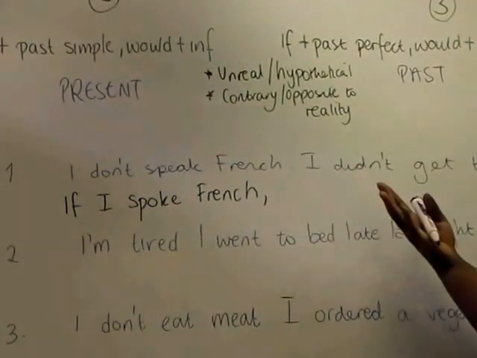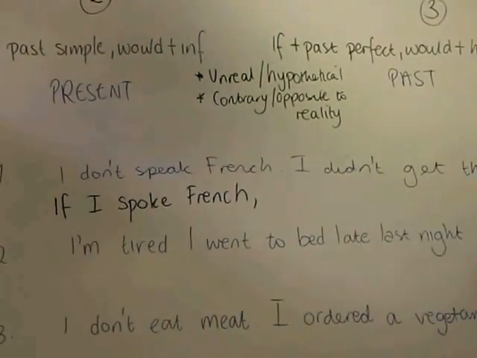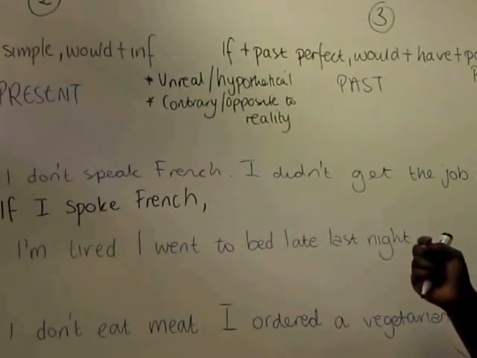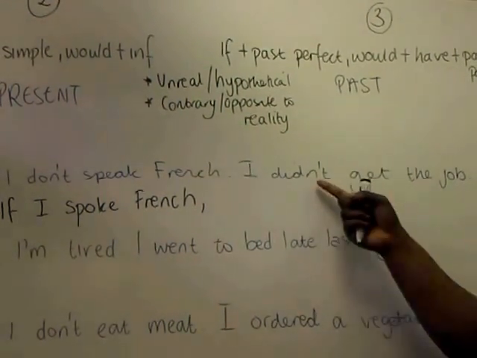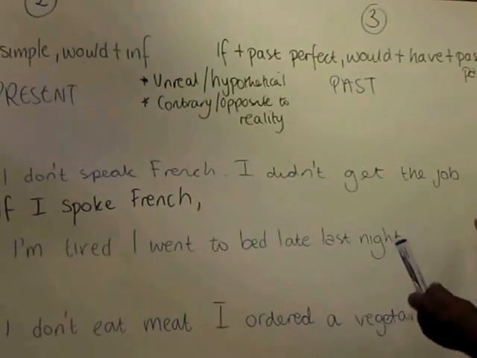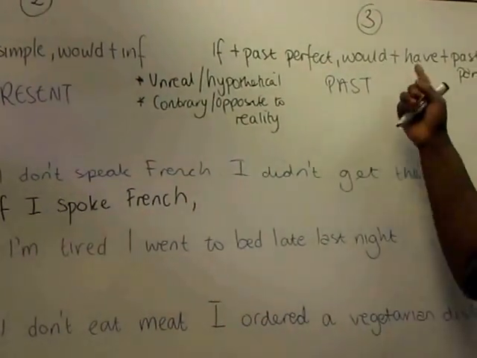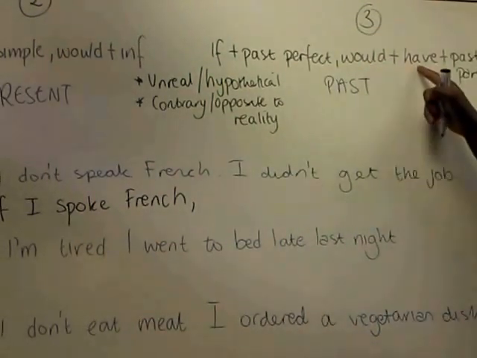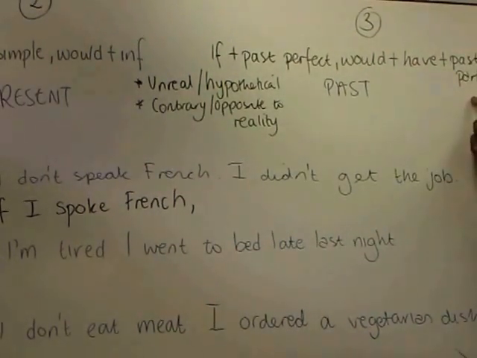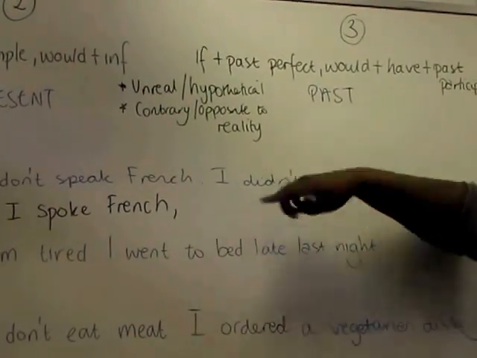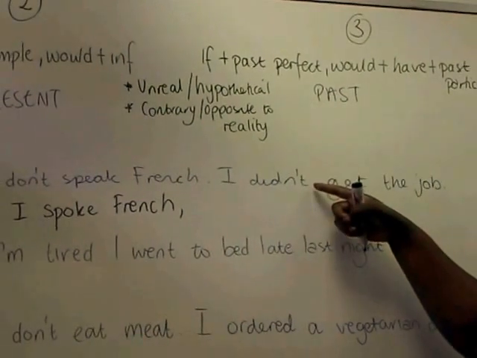Let's look at the result. I didn't get the job. What time period does this refer to? It's the past. So my result clause must come from my third conditional structure. I must use would plus have plus past participle. Remember, my conditional is going to be the opposite to my reality.